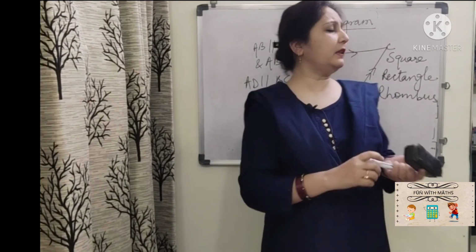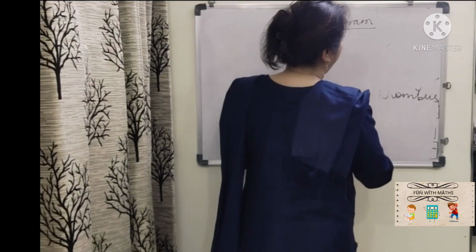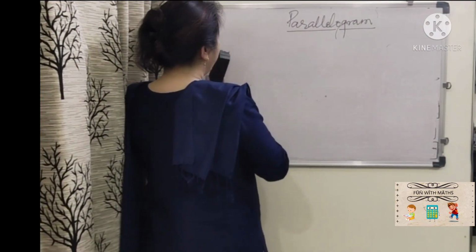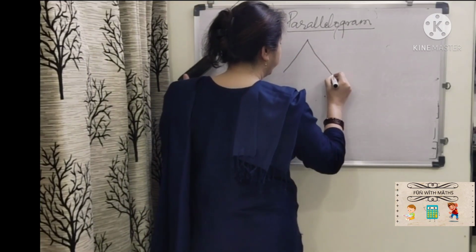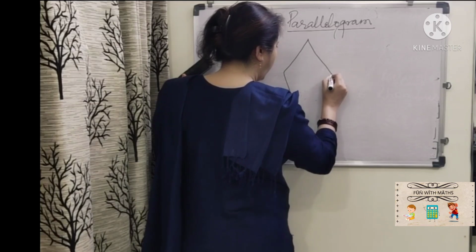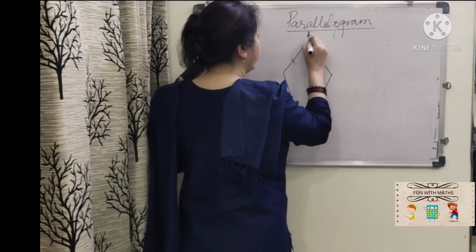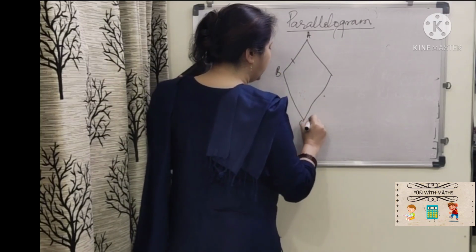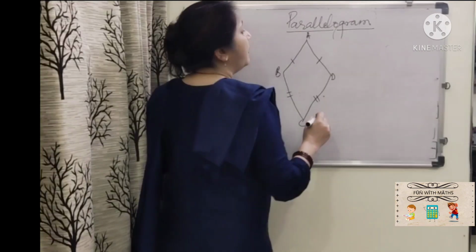Same happens with the kite. Children, just look at the kite. If you name it ABCD, its adjacent sides are equal, but there is no question of opposite sides being parallel.